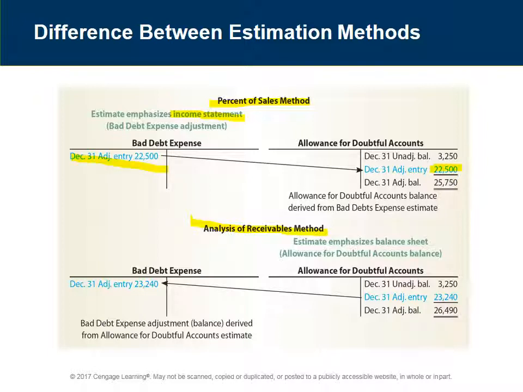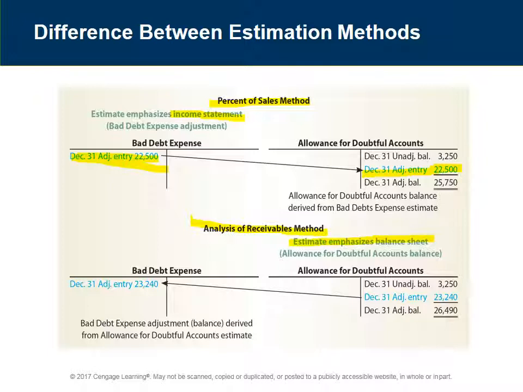So if you've got $1 million worth of sales and you're told that 2% are uncollectible, you just do some multiplication and you plug in your debit for the adjusting entry and you plug in your credit. Again, remember, adjusting entries are AJEs.